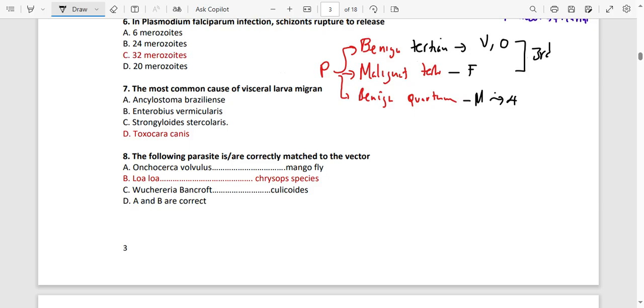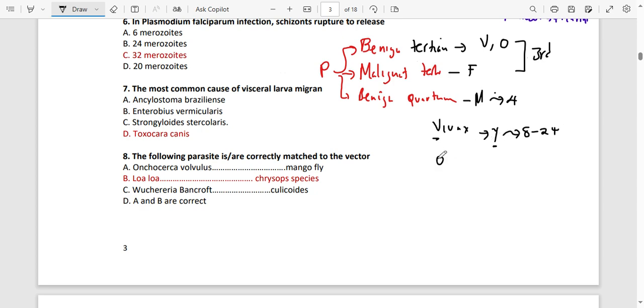You have, of course, other forms. Vivax causes infection of the young red blood cells. Just think of it: V and Y are letters which are very far in the alphabet, so this one infects young cells. The schizont is going to release 8 to 24 merozoites.